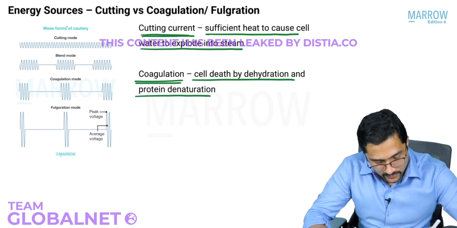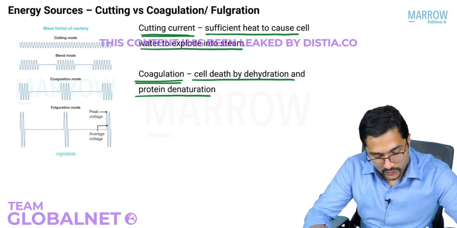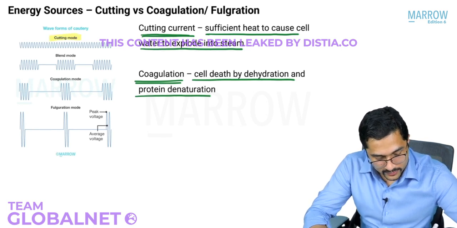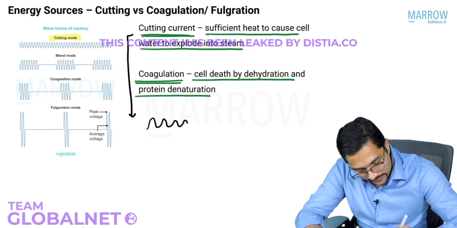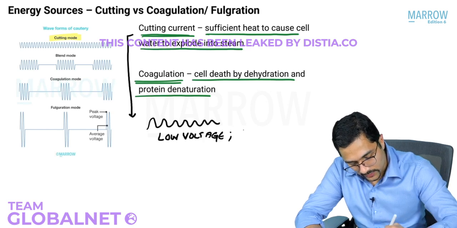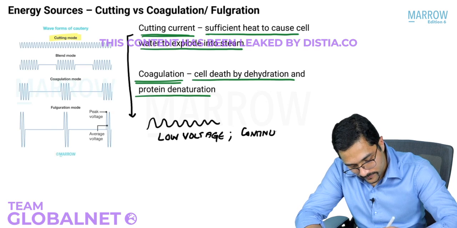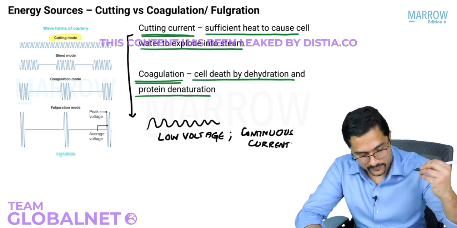Now the cutting mode, I want you to see here, in the cutting mode, there is a continuous current. So low voltage, there is low voltage continuous current. That is what leads to cutting.